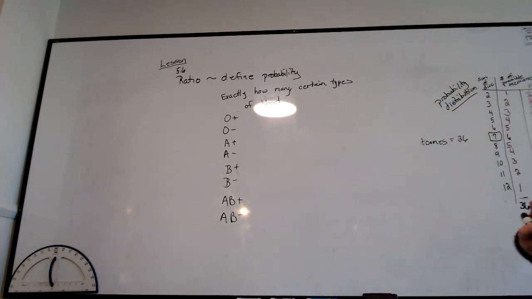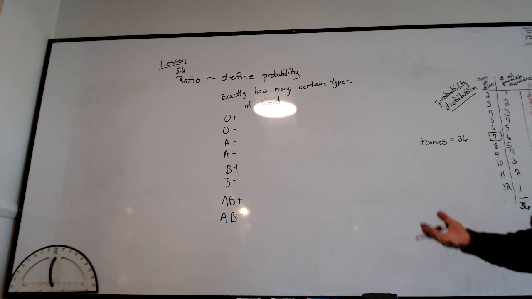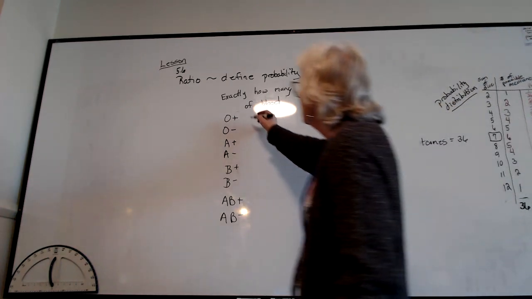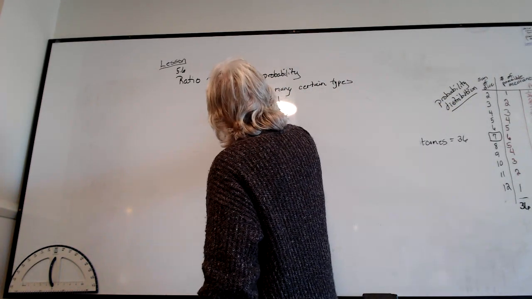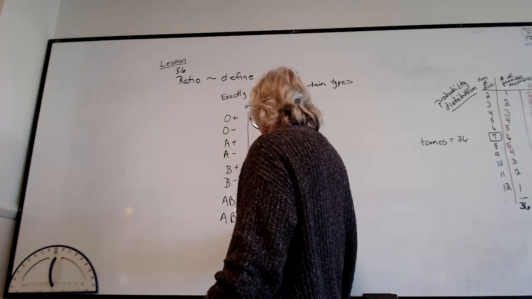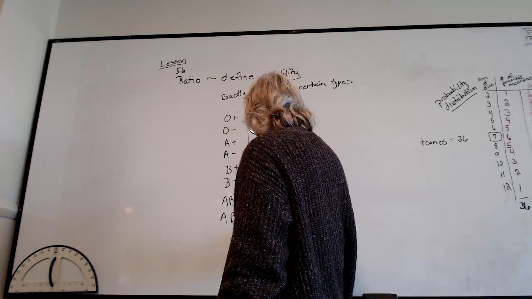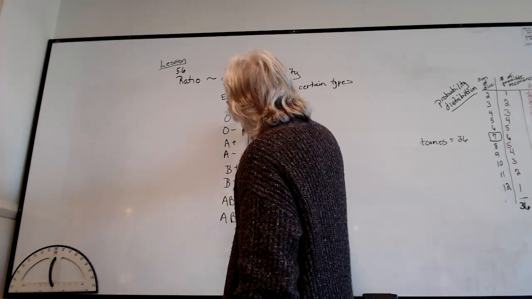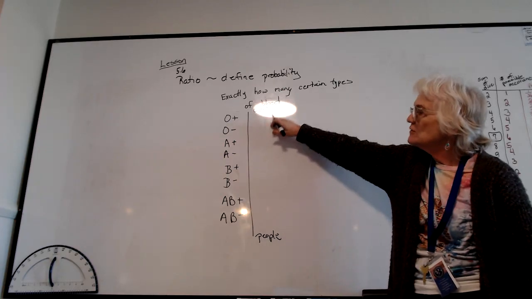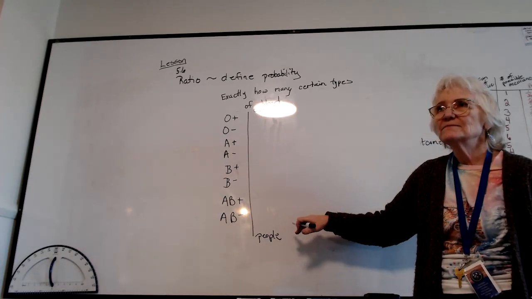Okay, so what we've done is we don't know exactly how many people have this type of blood, we can't go and find out. So we've done counts. We find out the blood types of many people, and from that we have done the counting of it. So we have a count, and we know the number of people. Each one would fit into one of these categories, so the counts would add up to the number of people.